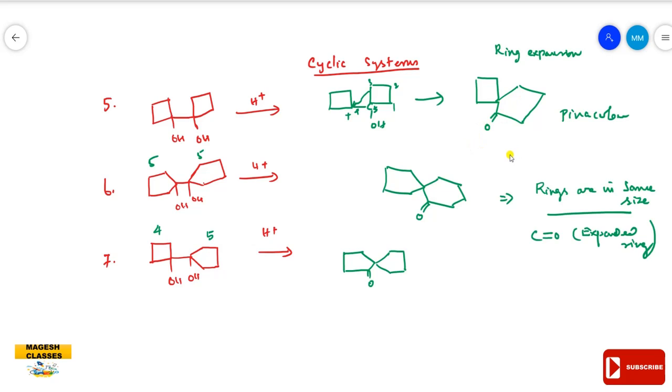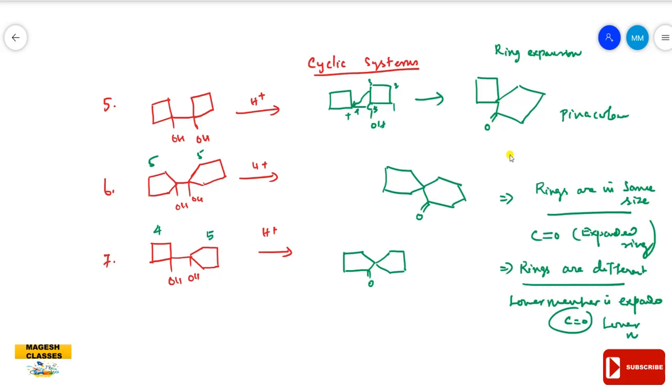Okay, when the rings are dissimilar in size, the lower member is expanded and the carbonyl group is present in the lower member. So this is the basis of the cyclic system. So in cyclic systems also the Pinacol-Pinacolone rearrangement takes place. From the examination point of view, you can very easily predict the product.